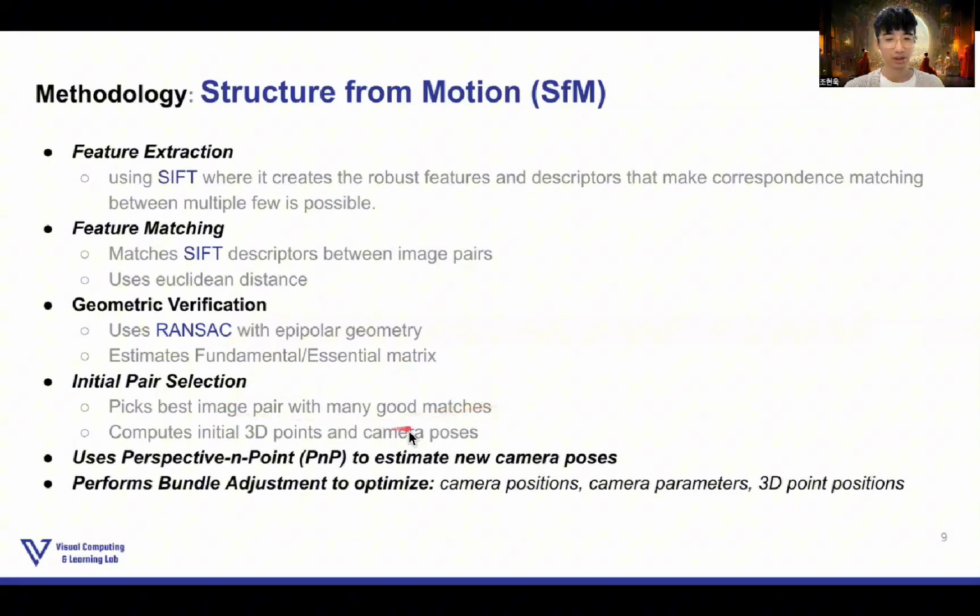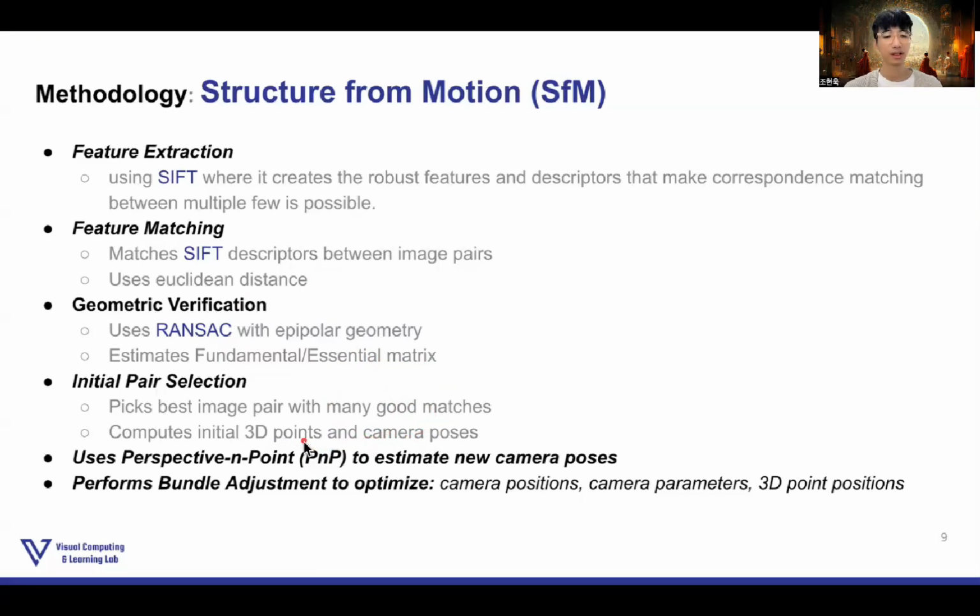This is our requirement for the initial pair, and we compute the initial 3D points and camera poses. The camera poses are obtained by decomposing the essential matrix, and with the camera poses, we use triangulation to produce the 3D points.